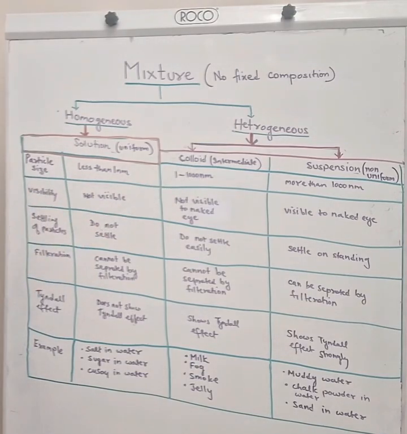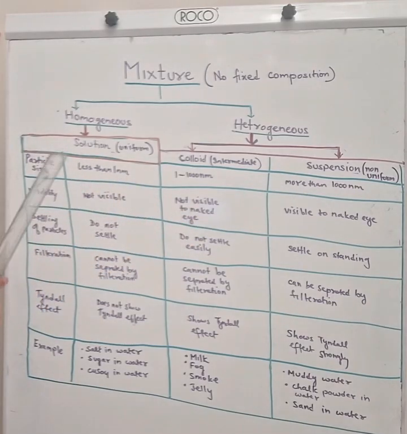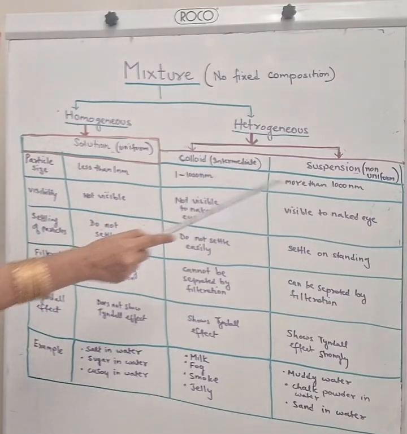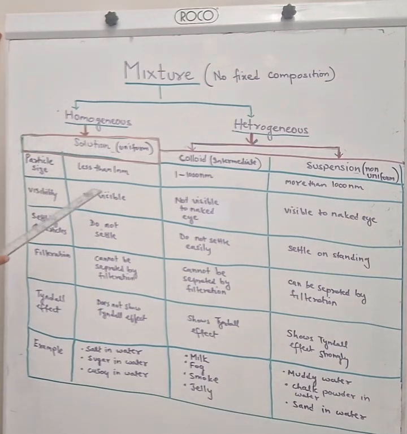Colloids are 1 to 1000 nanometer, whereas suspension is more than 1000 nanometer. So if you compare these three, suspension particle size is the largest. Now coming to visibility, in a solution you will not see the substance. The substance of which the solution is made is not visible.